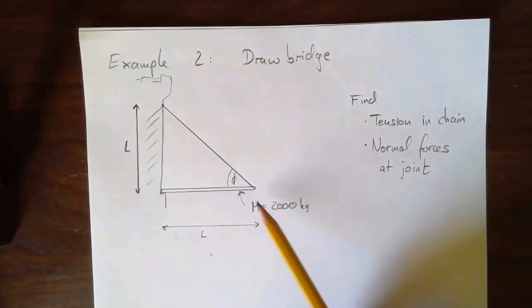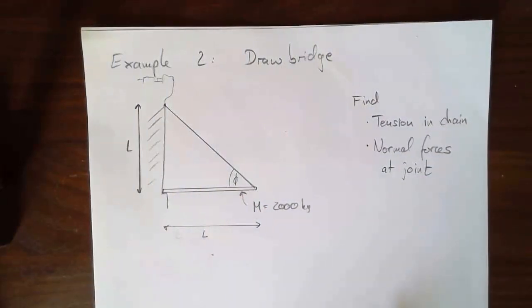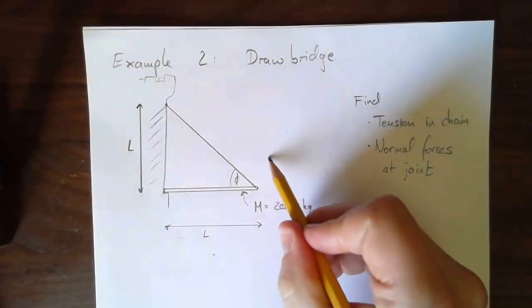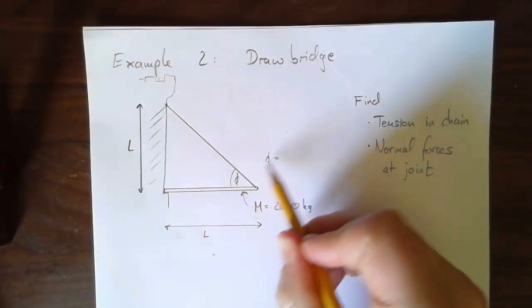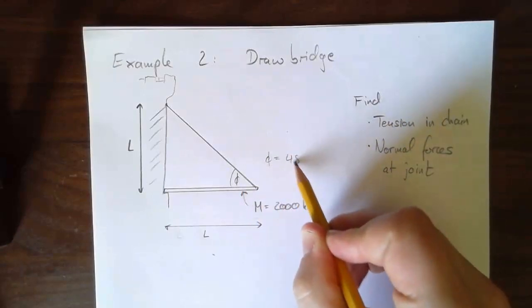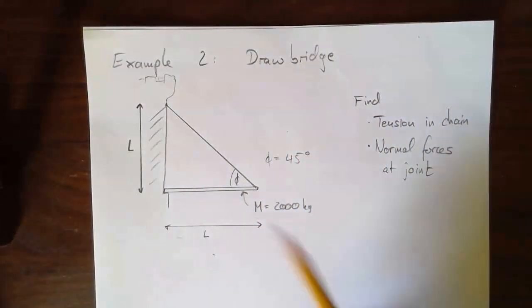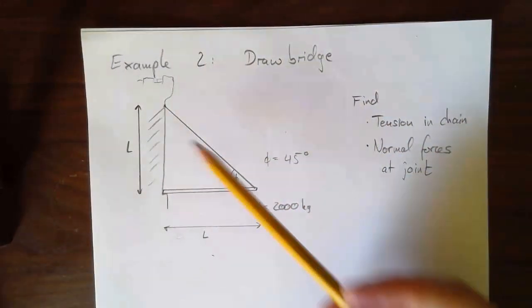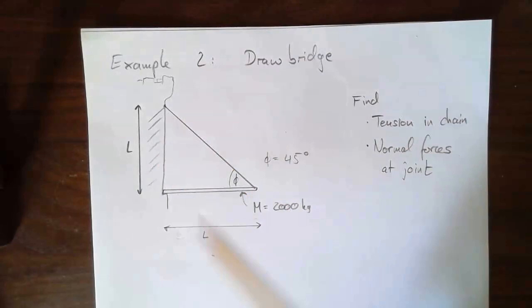You know, it's fairly heavy, solid wood right there. So because those lengths are the same, I can right away see that phi, this angle right here, is going to be 45 degrees. Just from the geometry of those two sides being equal, this being an isosceles right-angled triangle.